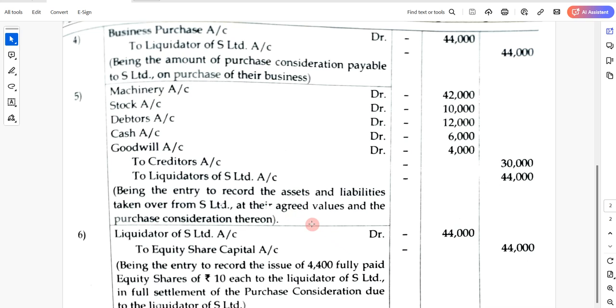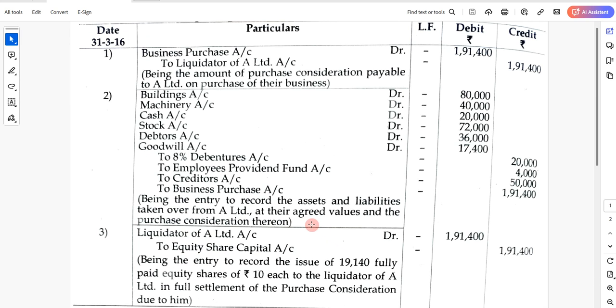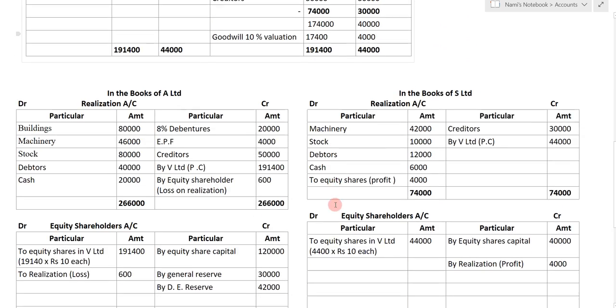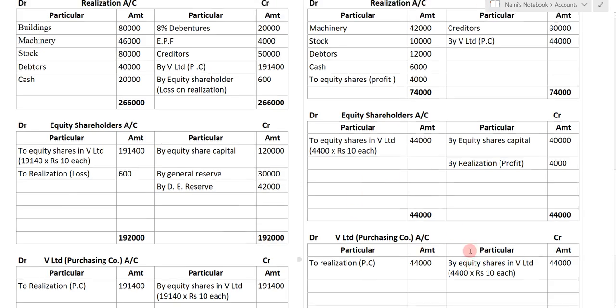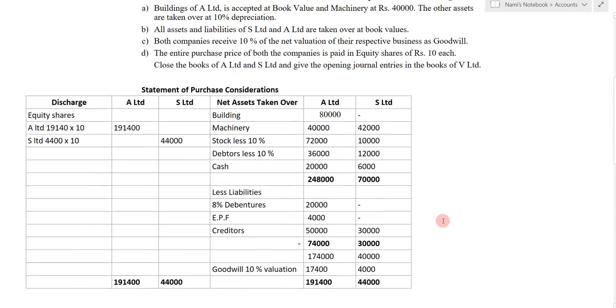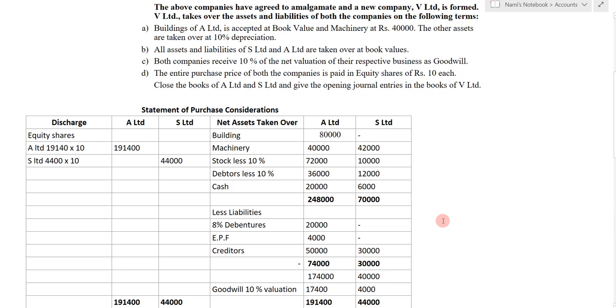Okay, so in this way you have to pass the journal entries in the books of V Limited based on the accounts which you have created here. Okay, so in this way you have to solve the example of amalgamation of the company.